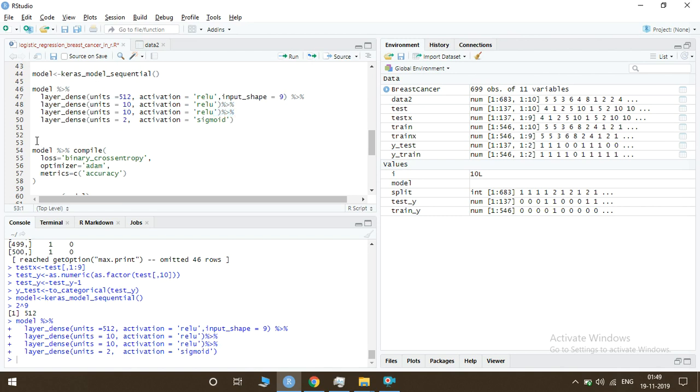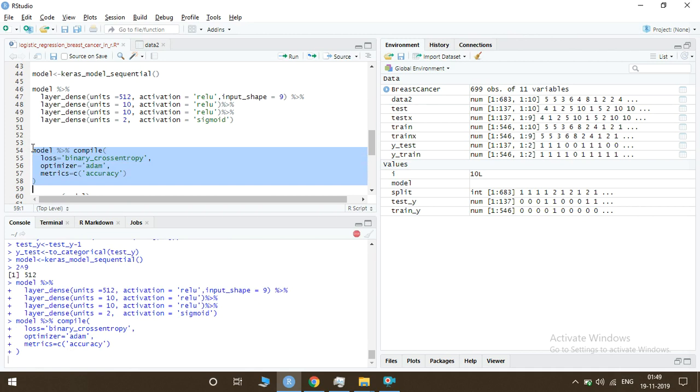Next we have to compile our model, because if we don't compile, the model would be of no use. Every compilation has three parts: the loss, the optimizer, and the metric. Over here we have used binary cross entropy as the loss, the Adam optimizer as the optimizer, and accuracy as the metric.